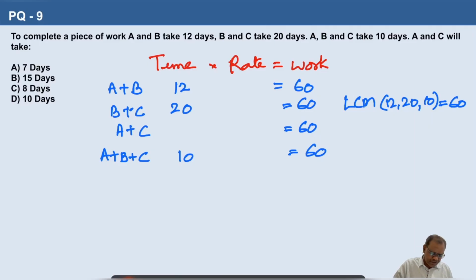So 60 is divisible by 12 5 times, by 20 3 times, and by 10 this is 6 times. So A plus B plus C, when all the three are working together, they can complete 6 units.